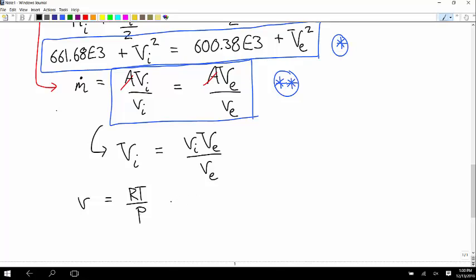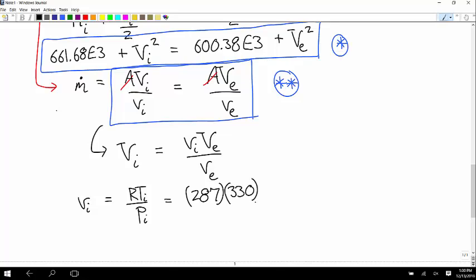And R is about 287. So the specific volume at the inlet is equal to 287 times 330.